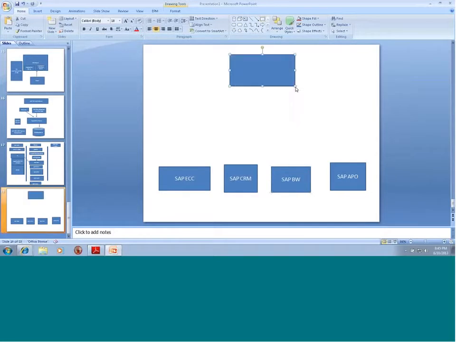As a user, let's say I'm a manager, I want to look into each of these systems and get some information. What used to happen is, as a manager, I would log into the SAP ECC system and get the information. If I want some information from the CRM system, I have to establish another connection, connect to the CRM system and get information.